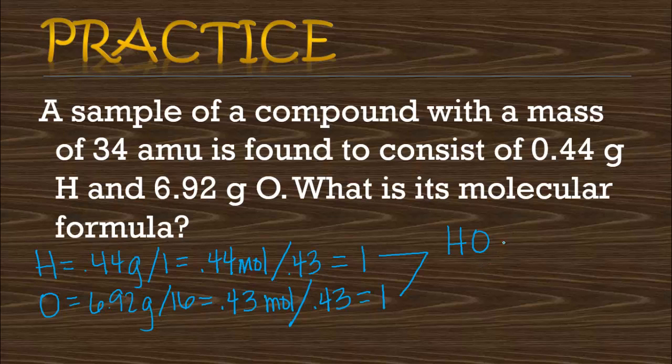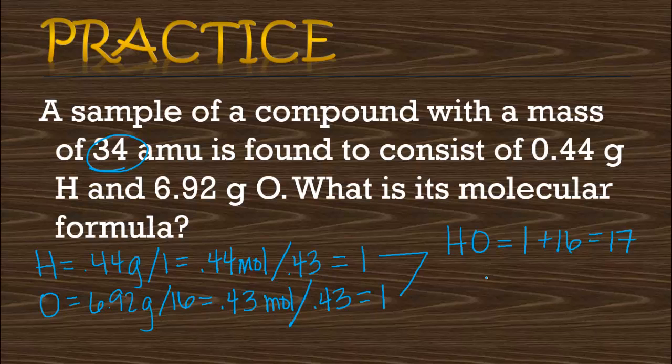Now I need that mass. So I know I have 1 plus 16, which gives me 17. So that is my empirical formula mass. Now I have to take my molecular formula mass and I need to divide. If ever you forget which one needs to go on top and which one needs to go on bottom, no, you can never have a decimal.